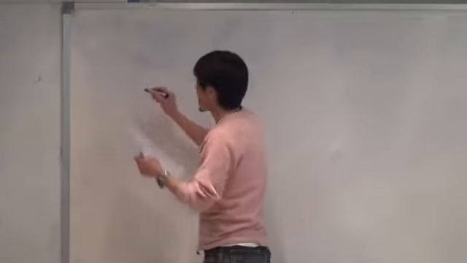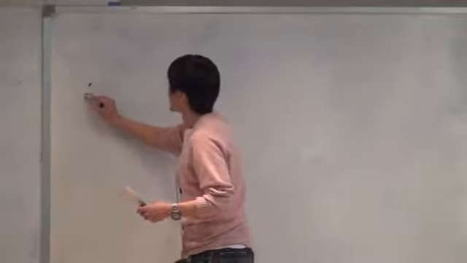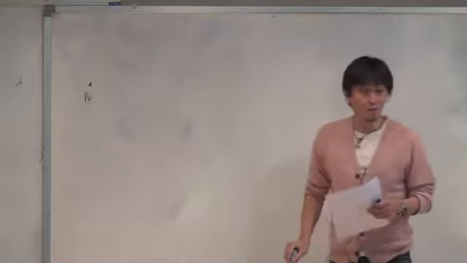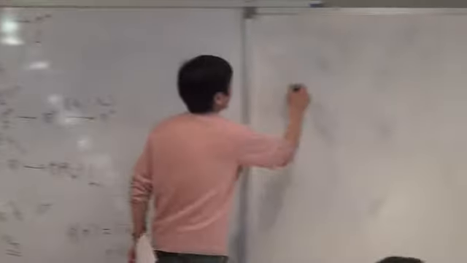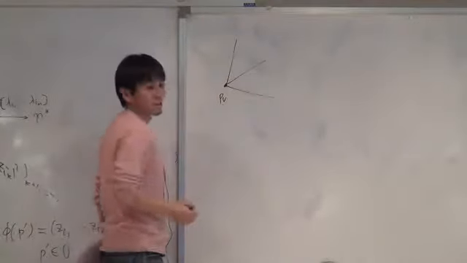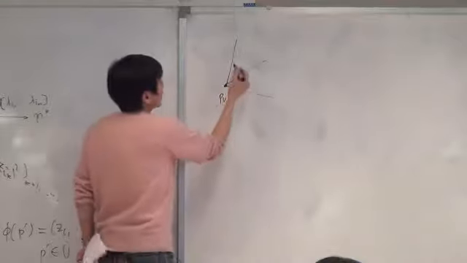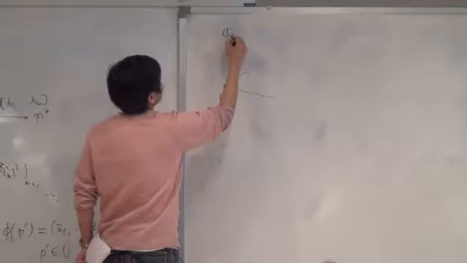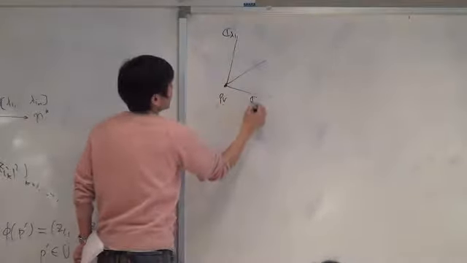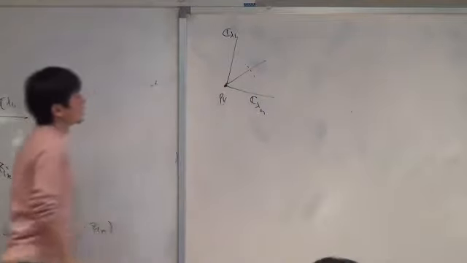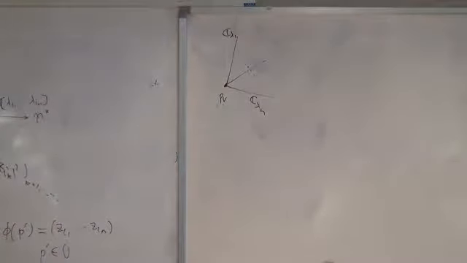Okay, so what does this say? You have this PV in the manifold, and this is the tangent direction, right? And then there are n directions. And each one corresponds to this weight space, okay?